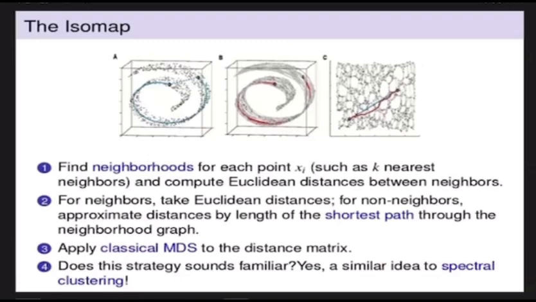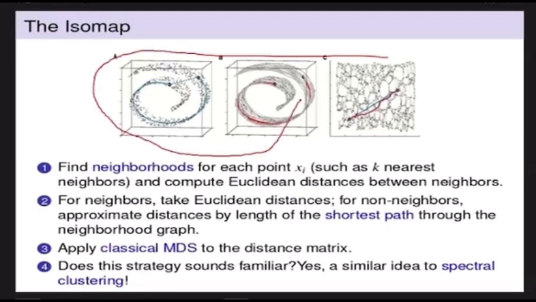Isomap is a non-linear version of MDS. Does that make sense? Isomap is a non-linear version of MDS. If you take a look at a curved structure like that, you see that? But how does it operate?